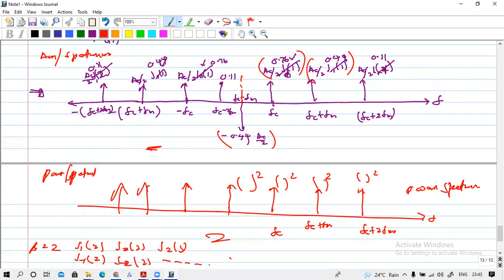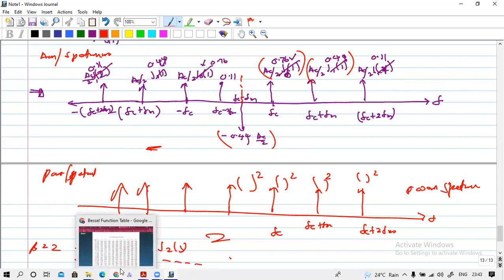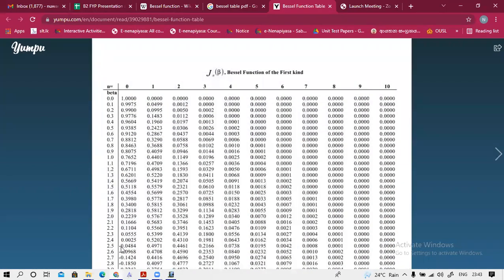Okay, so you can find it using the Bessel table. So here beta is equal to 2, that means you have to go through this row. Okay, then you can find J0(2), J1(2), J2(2), J3(2), and so on.